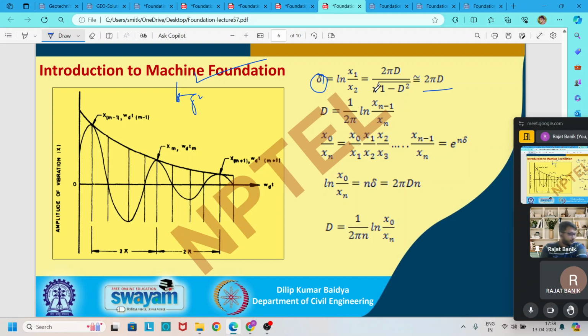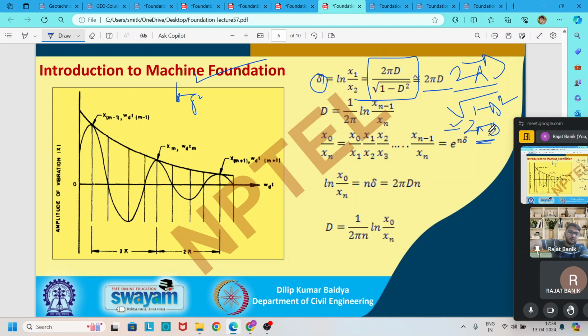If you put the amplitude values here, the equation looks like 2 pi d divided by the square root of 1 minus d square, which is almost equal to 2 pi d, because we know that the d value is much less than 1. So we write 2 pi d.